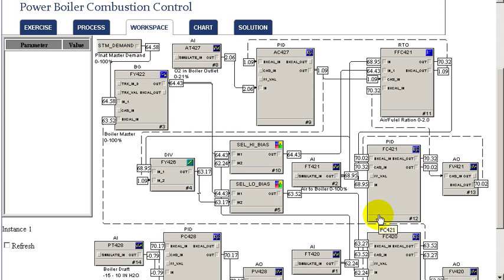In the exercise, the plant master demand is constantly changing, so we can examine this under varying conditions.